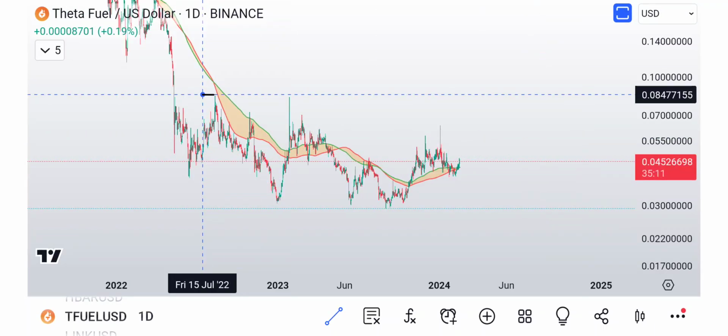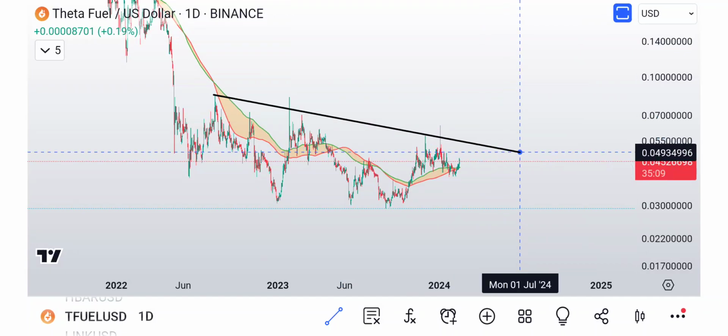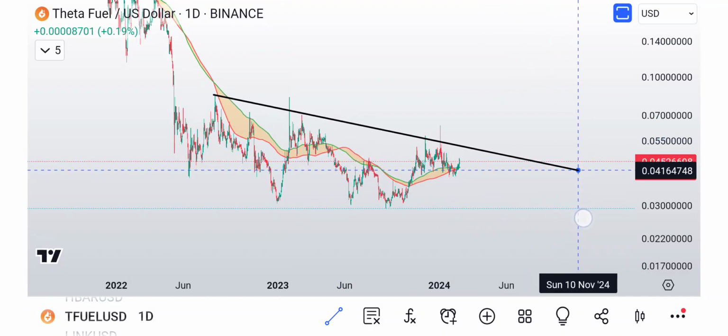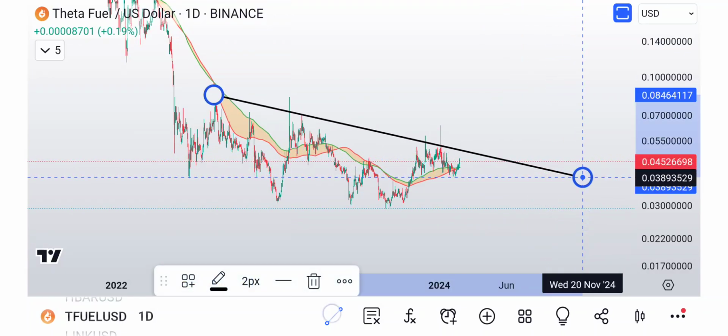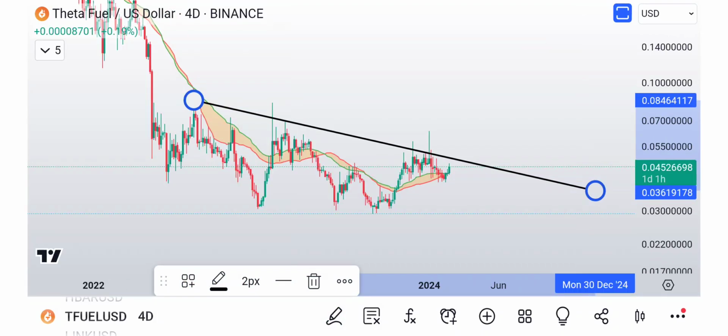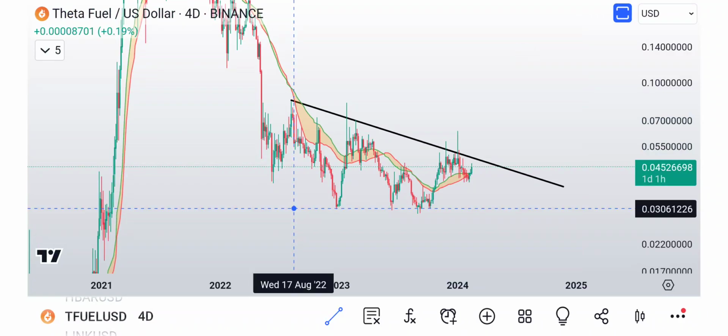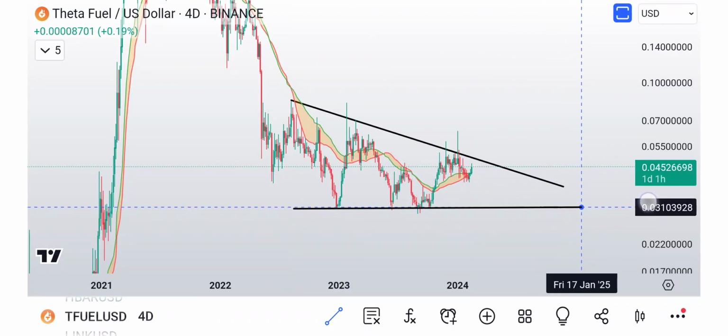But I would just keep an eye on this trend line here. I mean, you got a little bit of a trend line. It is subjective to where you put it. I like to try to get as many wicks as possible. Now, one thing that could be bearish, and now could be a descending triangle, right?